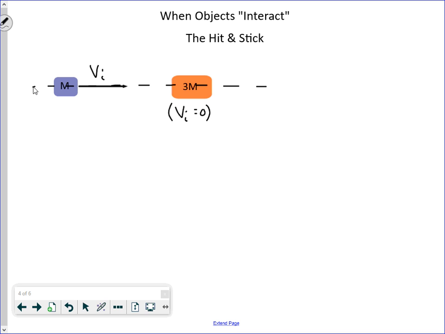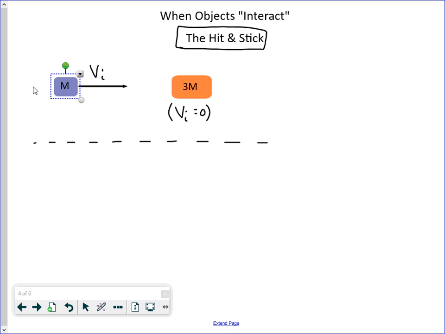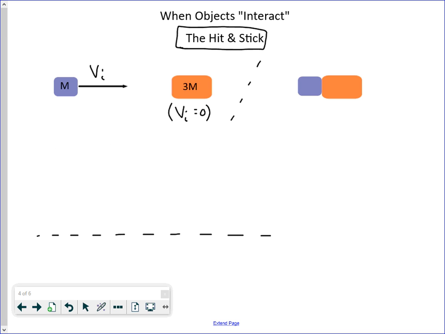They're going to what we call hit and stick, literally hit and stick together. And so afterwards, this and this are going to stick together, and they're going to move with some common final velocity. This is that dotted line there, not this one. That dotted line that I just drew is my before and after demarcation.